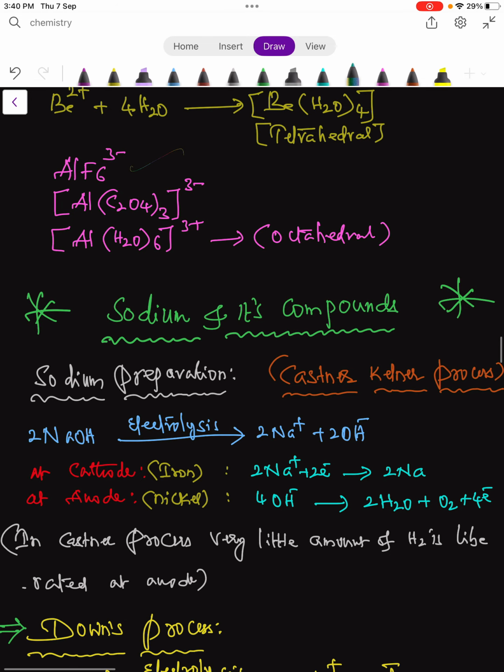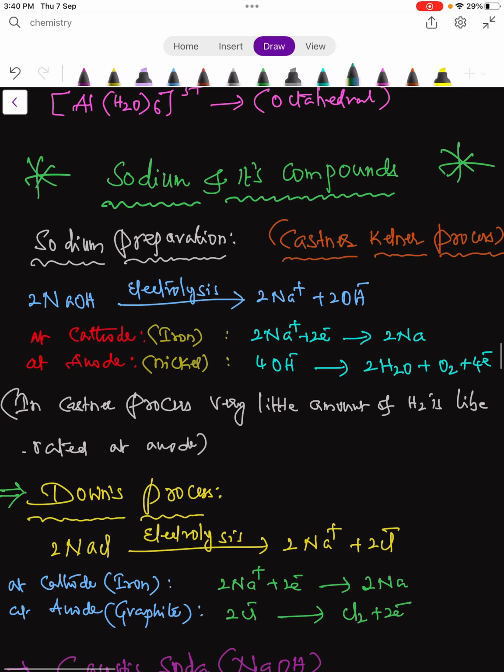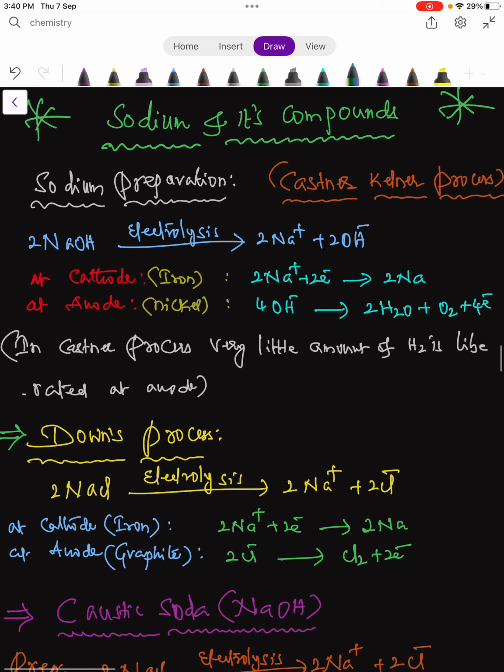Now let us see the important compounds of sodium. The first one is sodium preparation, by the Kastner-Kellner process. In this, the electrolyte used is sodium hydroxide, which on electrolysis gives sodium plus OH minus ions. During electrolysis, reduction and oxidation reactions take place at cathode and anode.